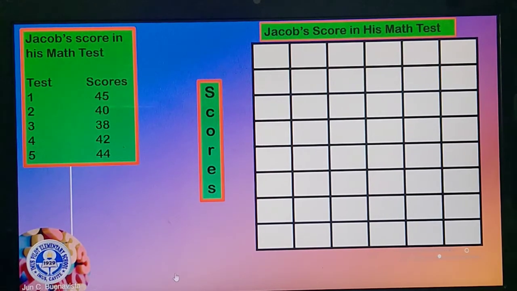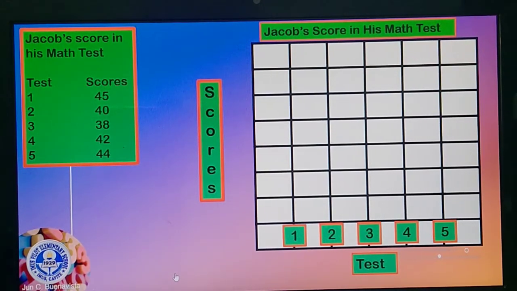Then, so our vertical axis is the scores. Sinabi ko na kanina. So, look at the scores: 45, 40, 38, 42, 44. So, ano ang applicable na scale ang gagamitin natin? We have 44, 42. So, we can use by 2s, di ba? We cannot use by 5 because 5, 10, 20, 25, 30.